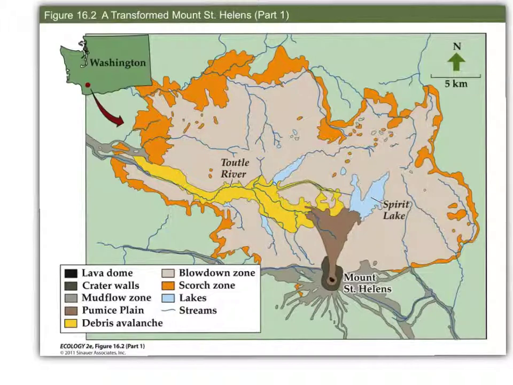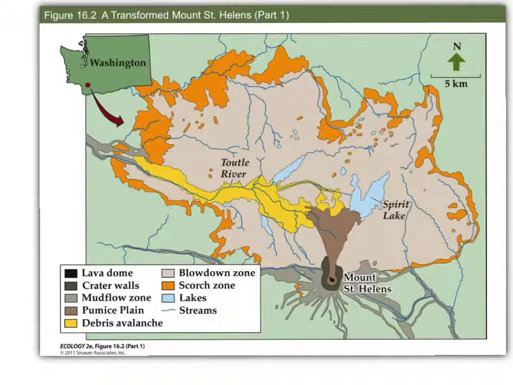You have this dome of lava over here, the mud flow zones here, the pumice plain where high amounts of hot lava flowed out here. There's debris that avalanched down. So again, there's a really large area that was affected by the eruption of this volcano.